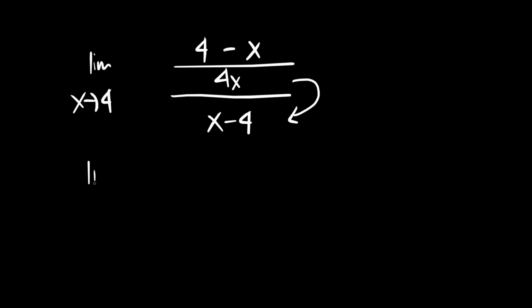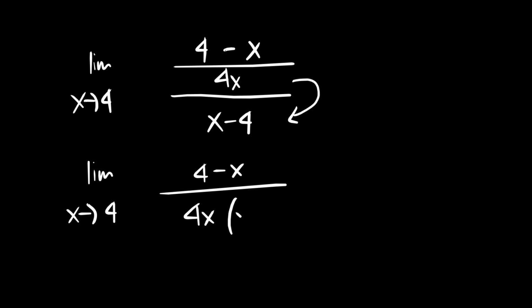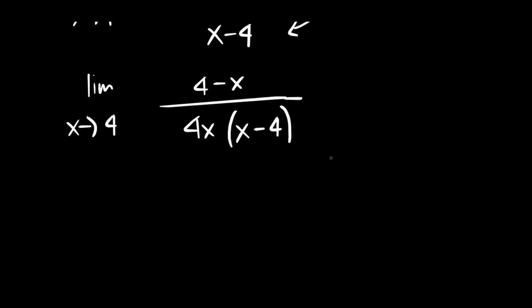So we'll have a limit as x approaches 4 of 4 minus x all over 4x multiplied by x minus 4. After this one, we will notice that the x minus 4 in the denominator is just equal to the terms in the numerator but has the opposite sign.